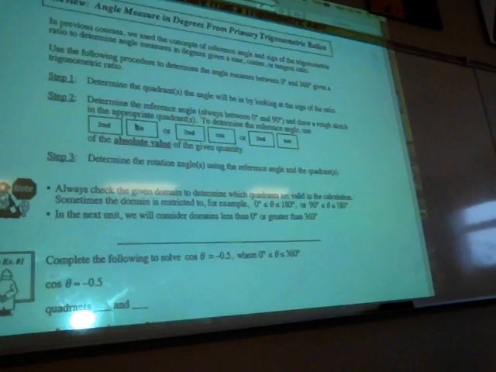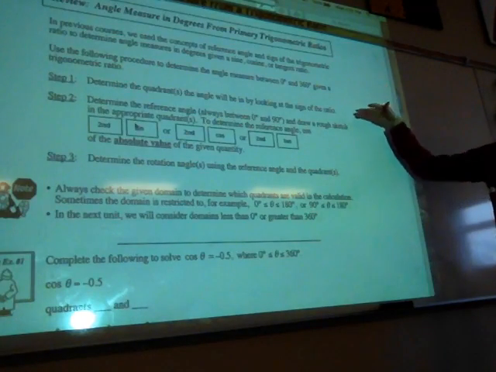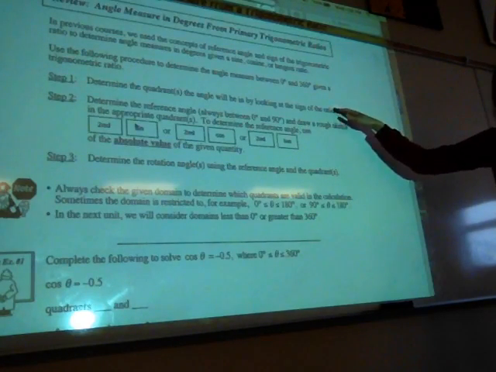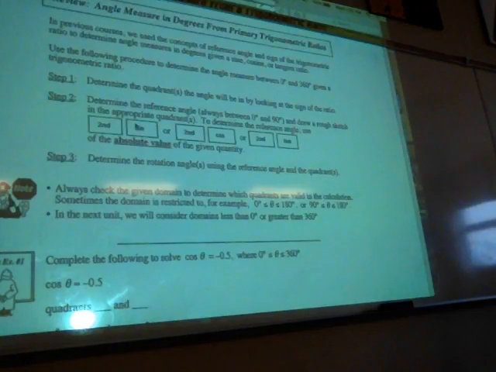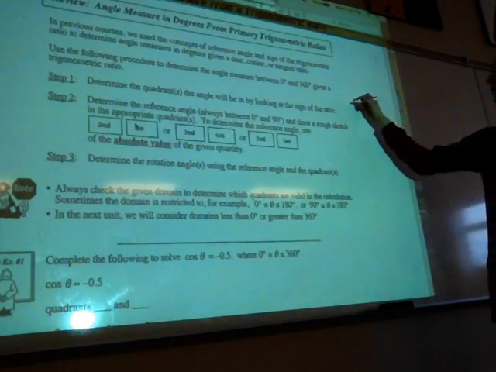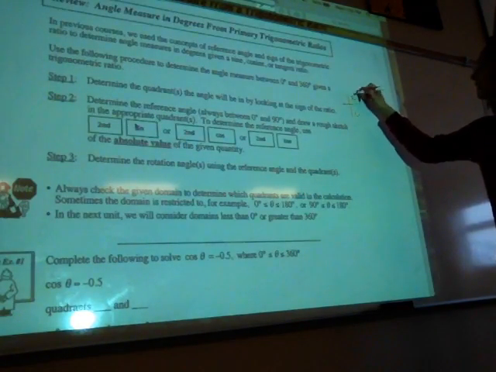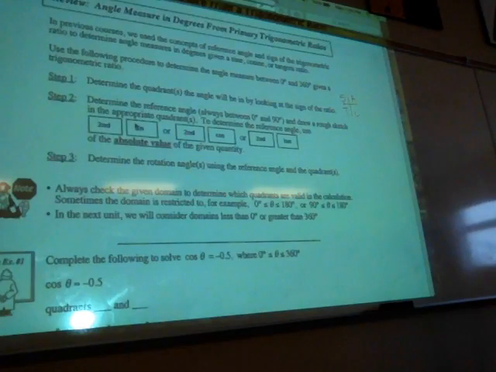Okay. Steps for finding the angle measure given a trig ratio go as follows. Step 1, you need to use the CAST rule to figure out which quadrants your solution will be in. Okay, so for your notes, you might just want to put CAST rule here. Depending on if the sign is positive or negative, that's going to tell you what quadrant you're in.